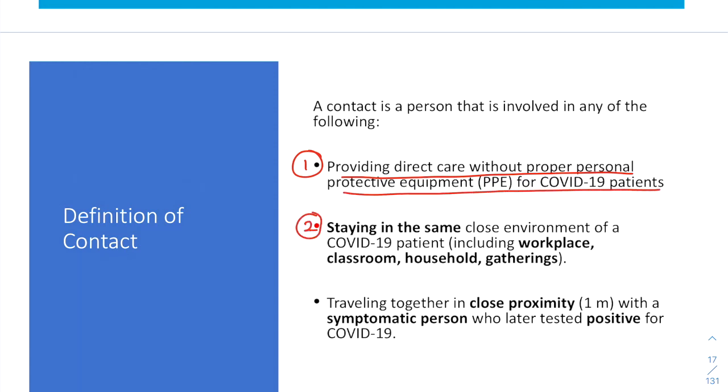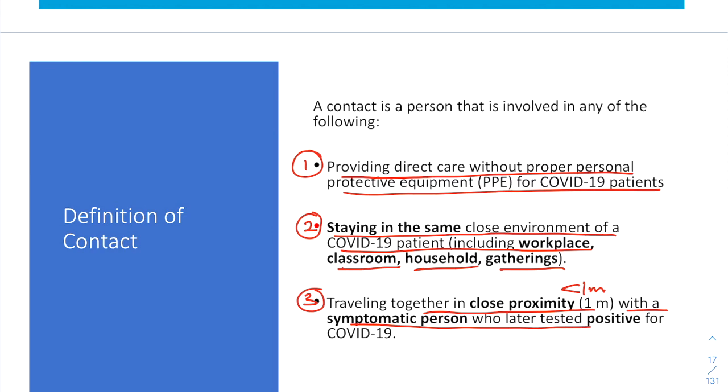Or number two, the person is staying in the same close environment as COVID-19 patients, including workplace, classroom, household, or gatherings. And number three, the person is traveling in close proximity, that is less than 1 meter distance, with a symptomatic person who later tests positive for COVID-19.